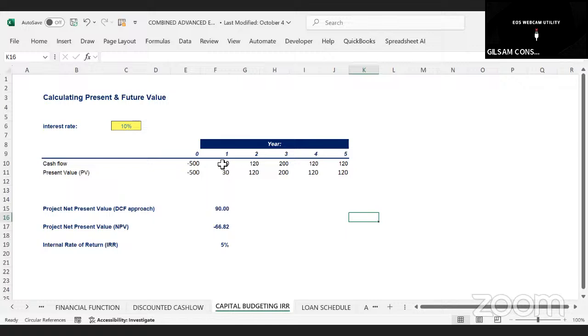So unapata like amekupea the initial cash outlay ya 500 na akakupea ya 1, ya 2, ya 3, year 4, year 5, the different cash flows. So hata hii tumefanya za growth ya 10%, you can use this format because we have year 1 to year 5, then we have the cash flow. So you can get the present value.